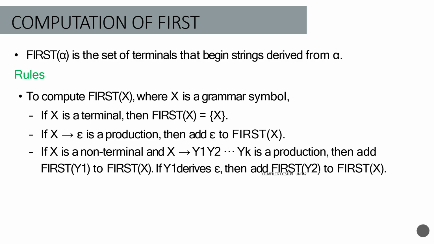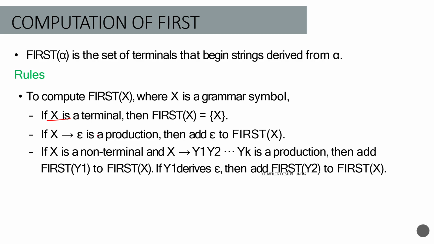So this is the rule for computing FIRST. The FIRST of a terminal is the terminal itself. That is, to compute the FIRST of X, where X is a grammar symbol: if X is a terminal, the FIRST of X is the terminal itself.